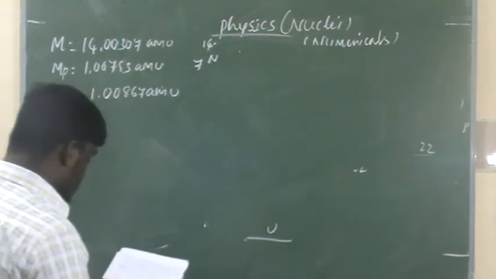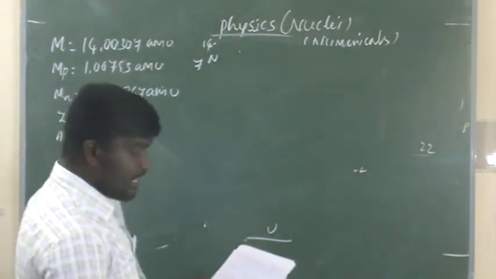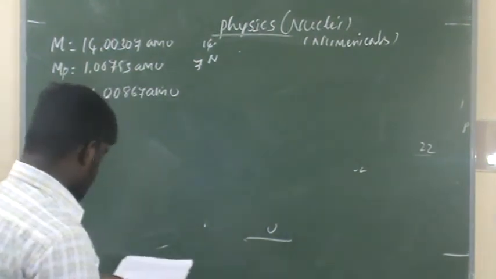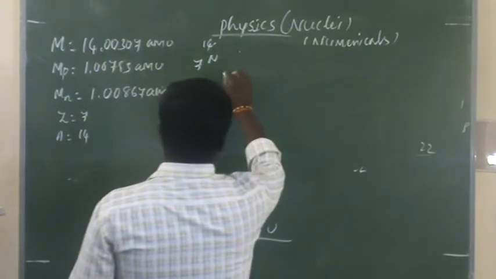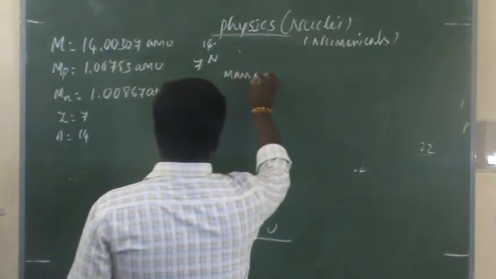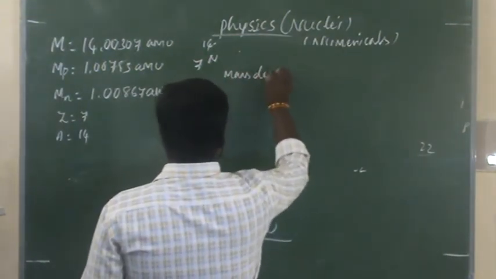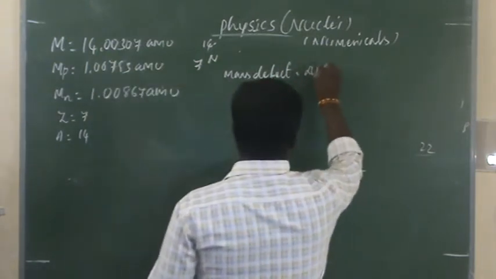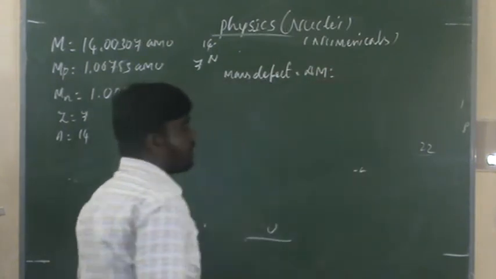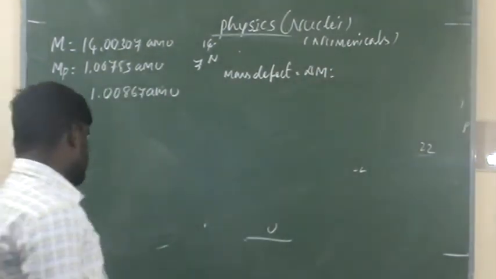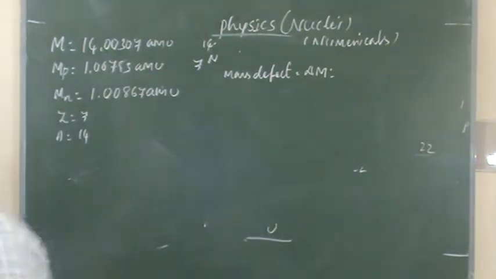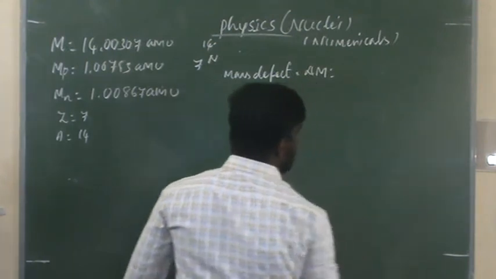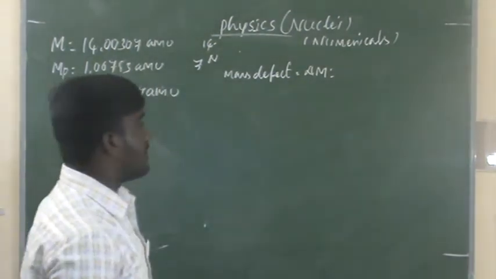So calculate the mass defect and specific binding energy. Mass defect is delta M, the difference between the sum of nucleons forming a stable nucleus and the rest mass of the nucleus.